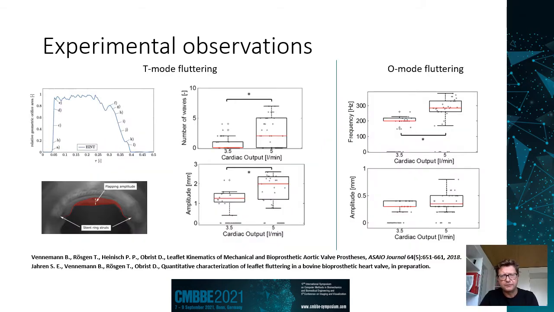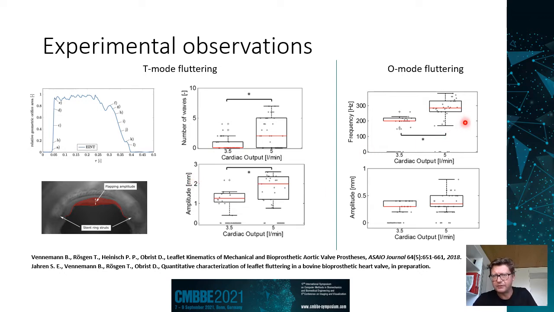When we quantify these experimental results, we find that this T-mode fluttering occurs at frequencies, I think in that case it was like 36 hertz. It is dependent on the cardiac output, or if you wish, on the Reynolds number, with a somewhat higher frequency for higher Reynolds numbers and a somewhat higher amplitude, around 2 millimeters excursion for the leaflets itself.